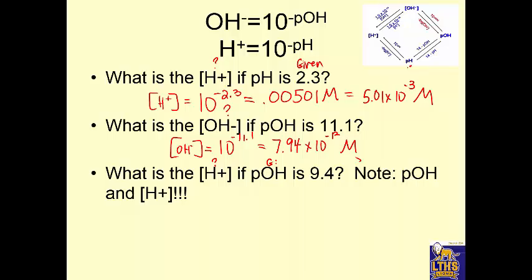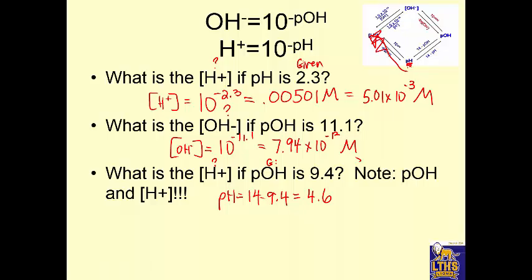But I think going this way would be easier because this says if I know pOH, I can find pH by saying 14 minus 9.4 equals 4.6. But I'm not done because I didn't want to stop at pH. I want to keep going to H plus.